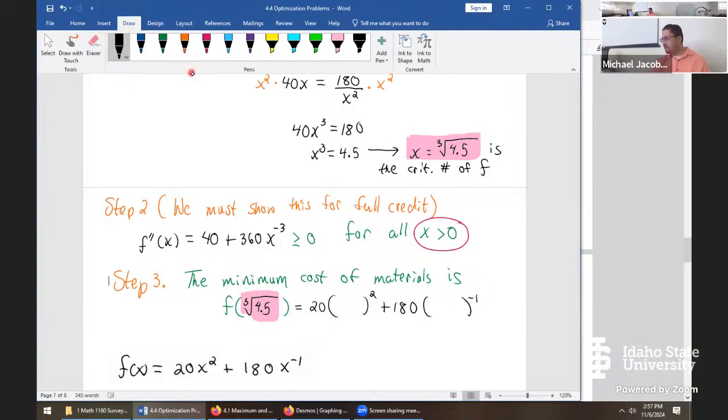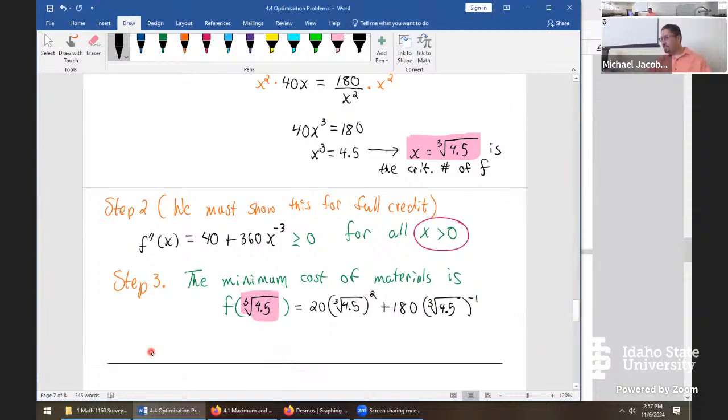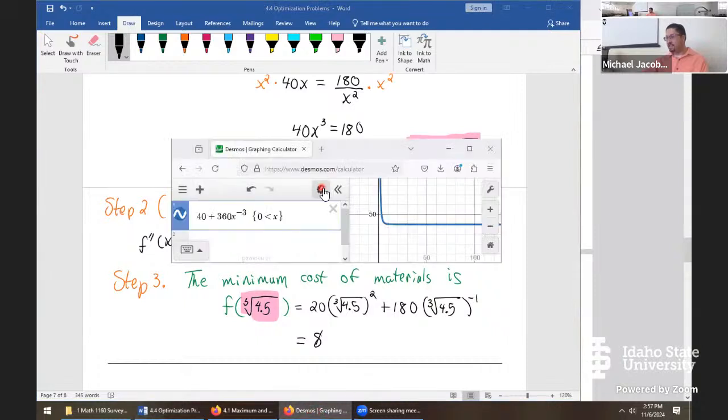In both boxes, we're putting in the critical number, cube root 4.5, and this is the calculator part of the problem. Whatever the answer comes out as, it's going to be a cost, so we'll naturally round this to the nearest cent.